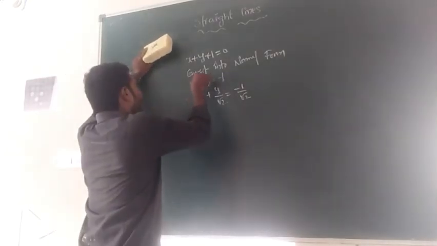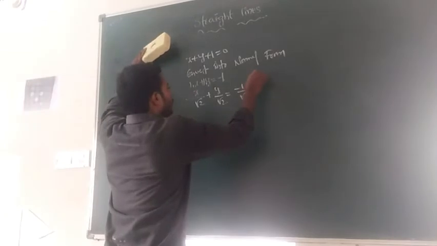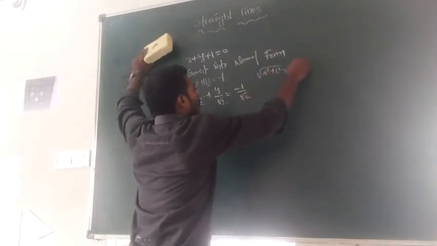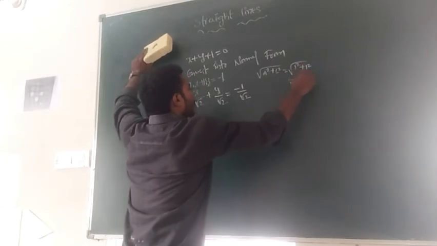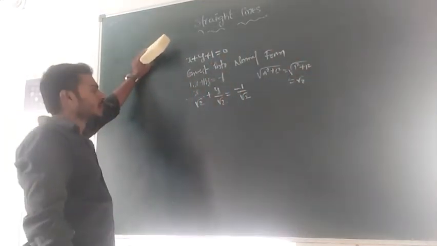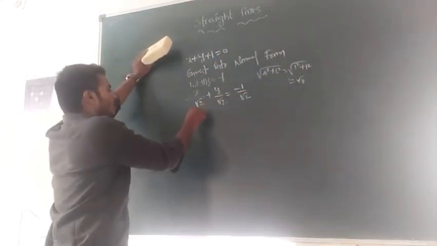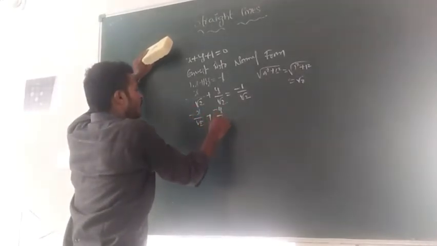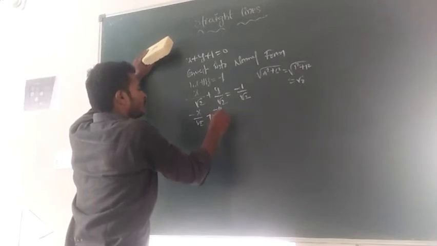Because the square root of a square plus b square is the square root of 1 square plus 1 square, which is equal to √2. Now we get minus x by √2 and minus y by √2 equal to 1 by √2.